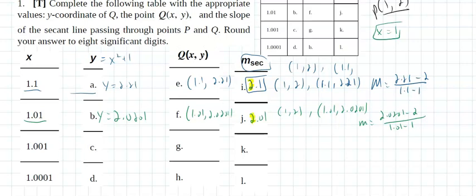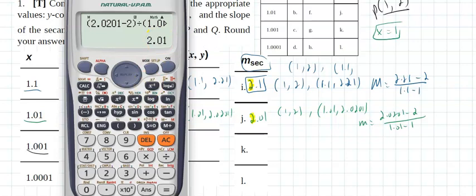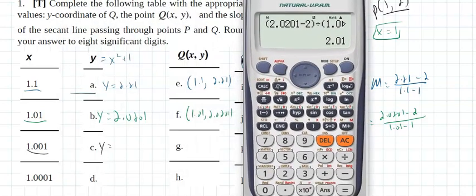That's very good. And now if I go a bit closer, 1.001, what would y equal? Well, I'm going to go for, again, my calculator and figure out what that is. Remember, y is x squared plus 1, whatever x is. 1.001 squared plus 1.